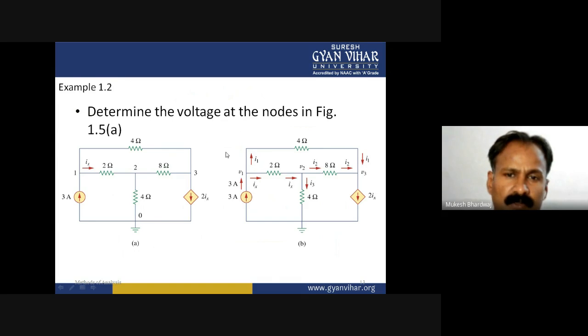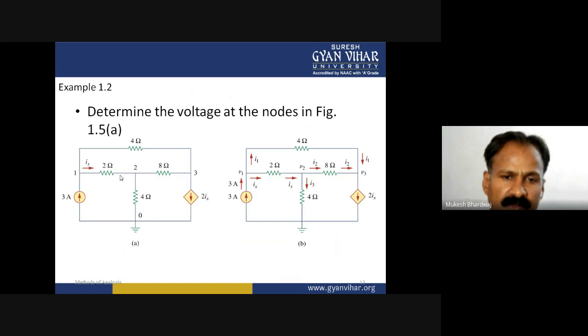To determine the voltages at the nodes in the figure. This is another example. The figure is shown with a dependent source, 2Ix, and one independent source of 3 ampere, and Ix is the current already flowing in the 2 ohm resistor.